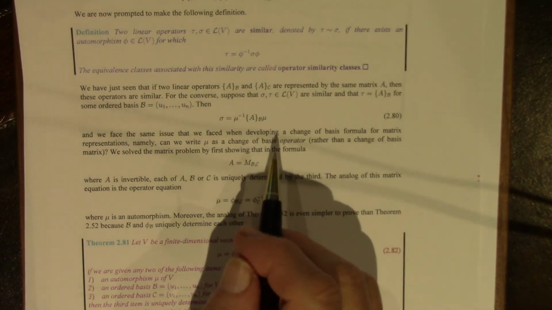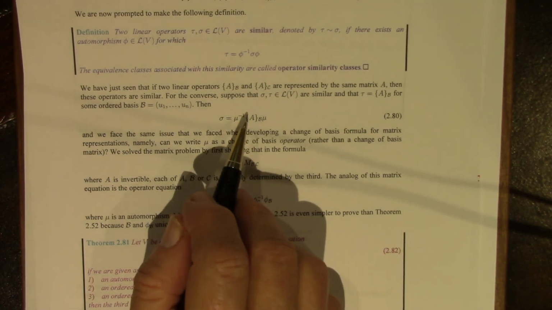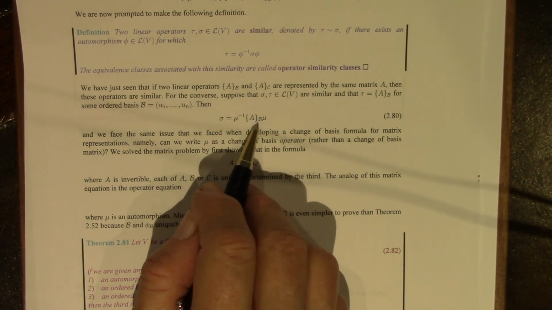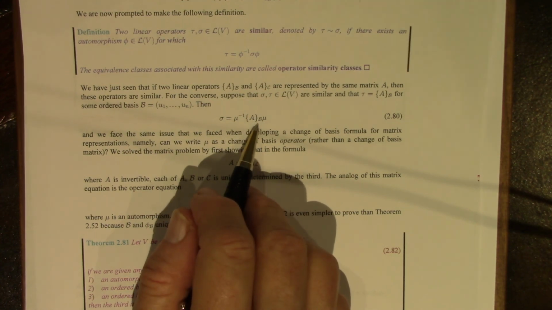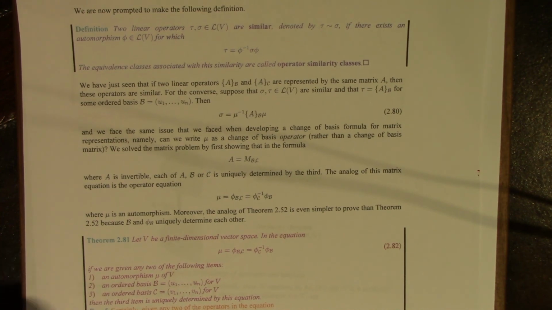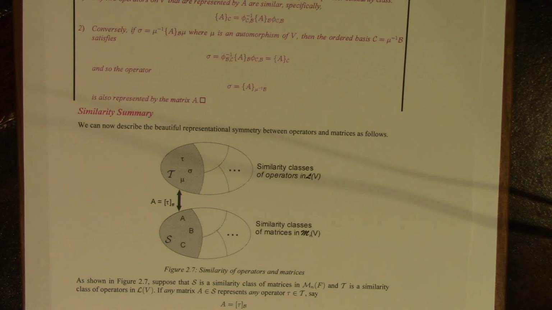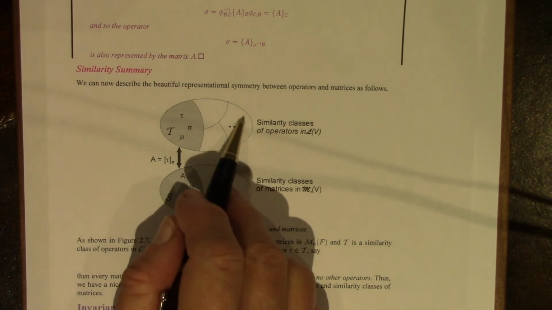And conversely, if two operators are similar, they are represented by the same matrices. Okay? So if we take a matrix, do I have a picture here? Well, I do sort of. Let's look at this picture.